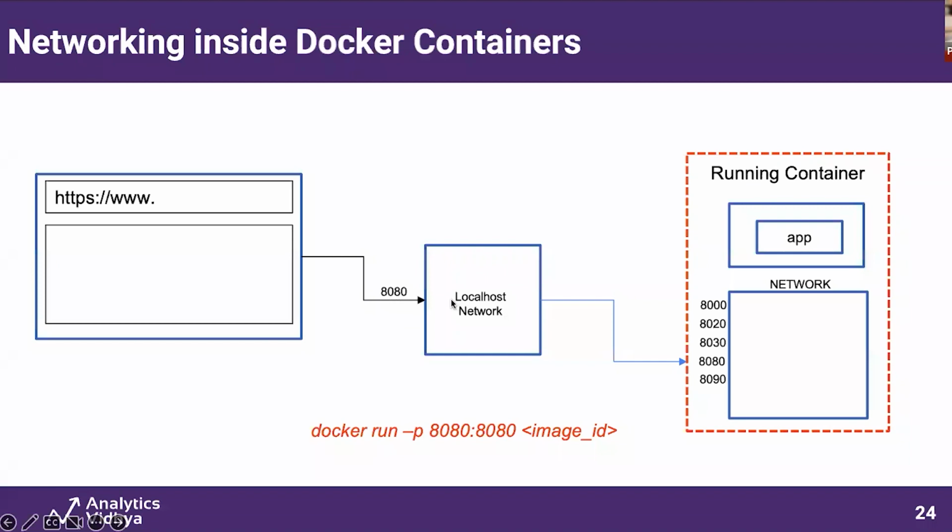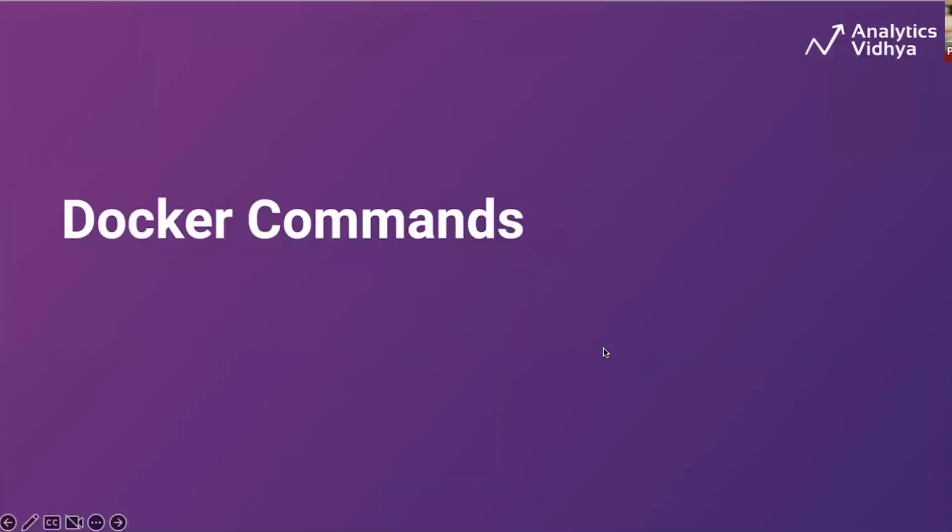We route the request coming to your local host, so that as soon as any request comes, it is routed to port 8080 of the network within the running container. Whichever application is running on, or has its endpoints exposed on, this port would send back the reply through the local host. So you can access it within the container on a predefined port number. I hope the Docker ecosystem is clear.